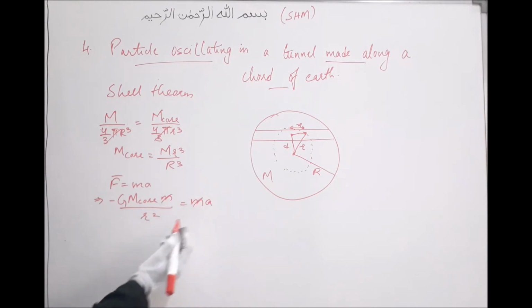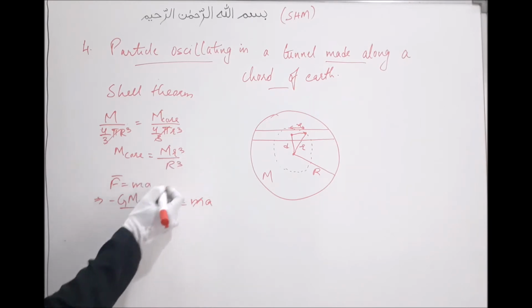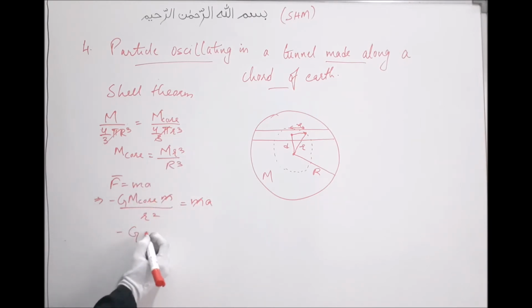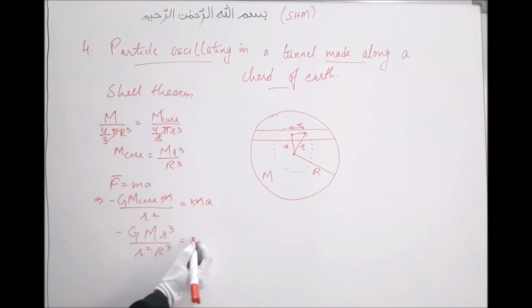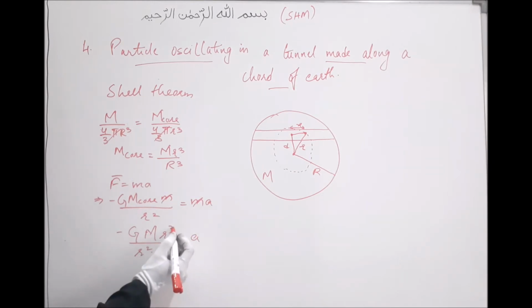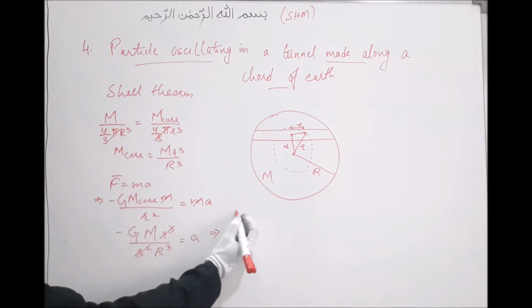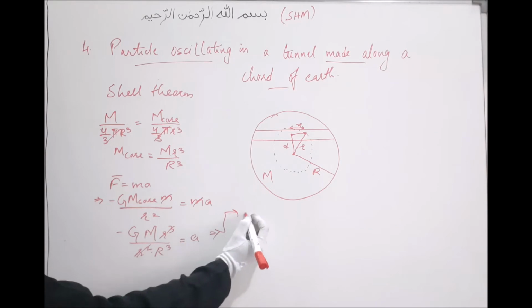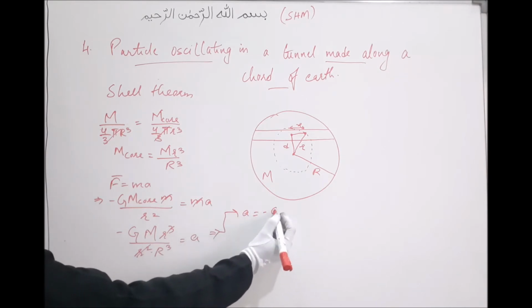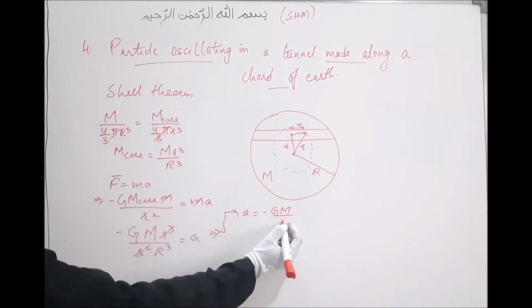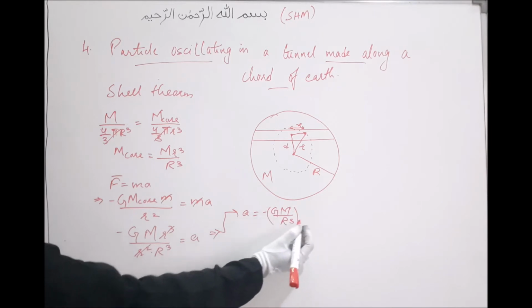I can cancel m, and in M core I substitute this value, so I have minus G M r cubed divided by r squared into capital R cubed is equal to a. We can cancel, and thus a is equal to minus G M upon R cubed into r.